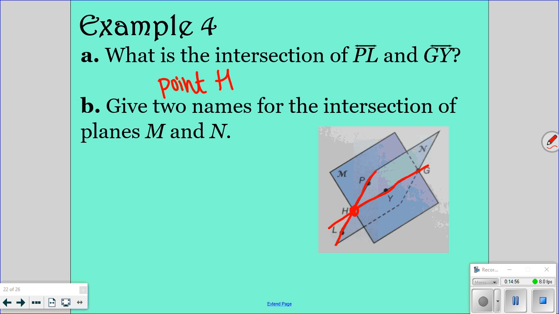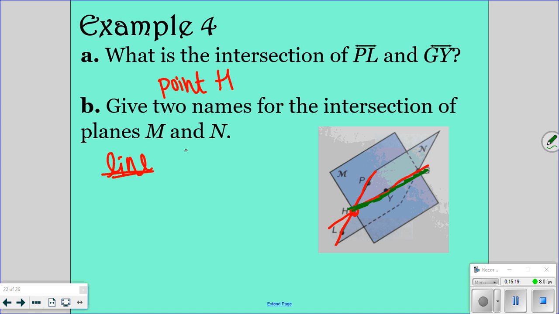It says give two names for the intersection of planes M and N. So where two planes intersect, they're always going to intersect at a line. What line do the planes intersect at? If you look, it's this line here.